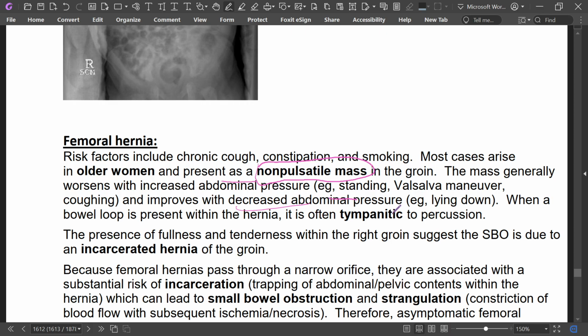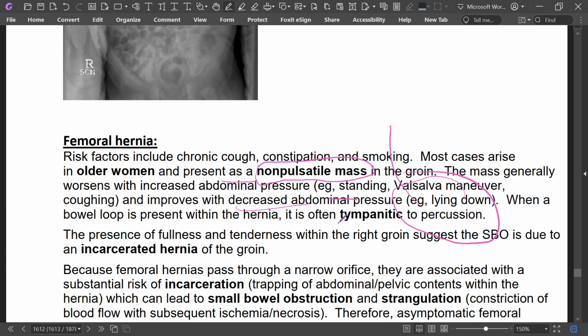It improves with decreased abdominal pressure, like lying down. This relieves the pressure. When you stand and start walking, it can cause pain. When a bowel loop is present within the hernia, it is tympanic to percussion.